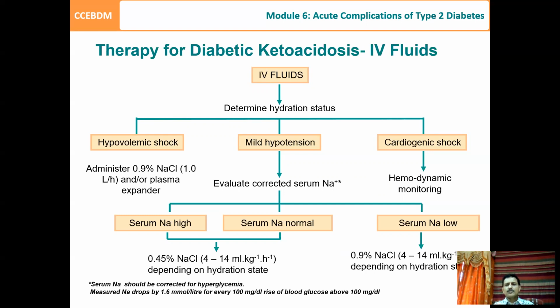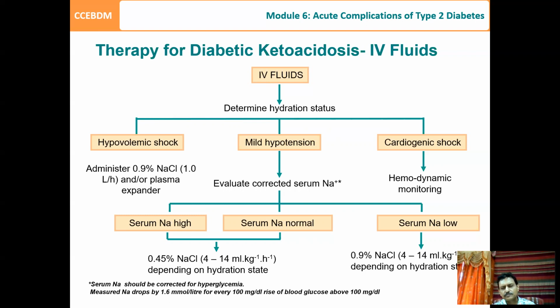Why? Because these patients are actually in a relative starvation state. The patient has a lot of glucose outside, but the cells are actually starving. They have not received the glucose. Once you have given the insulin infusion, the glucose will enter inside the cell and can be utilized.